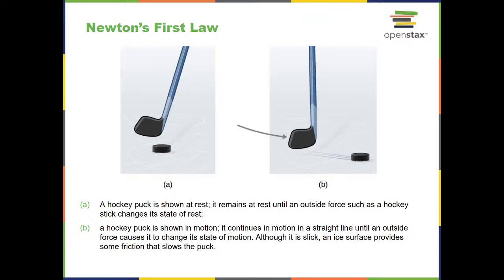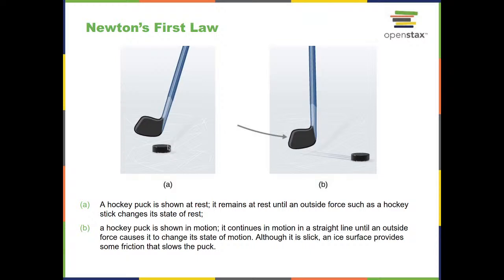Newton's first law says that any object where there is no force applied upon it will remain at rest or in constant motion, and it will only change its state of motion, from rest to being in motion, or from being at one velocity to being in another velocity, if there is a force applied.